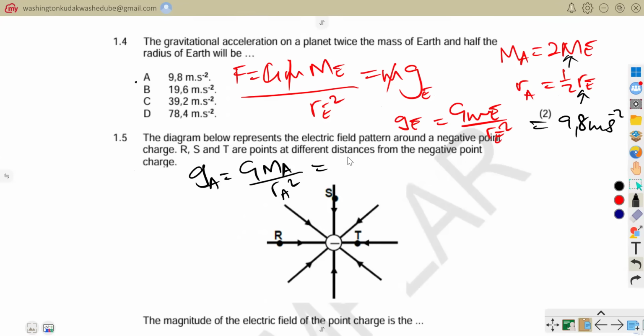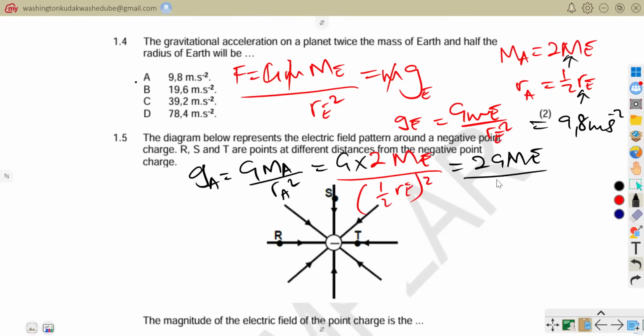So this is G, and then I would multiply by this mass, which is 2 times the mass of planet Earth, all over this radius, which is half RE, and then I'll square. So at the end of the day I would have 2G ME all over 1 over 4 RE squared.